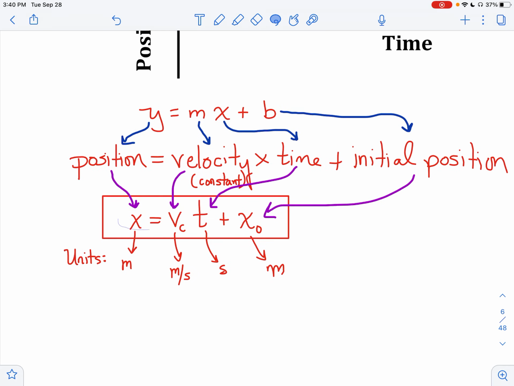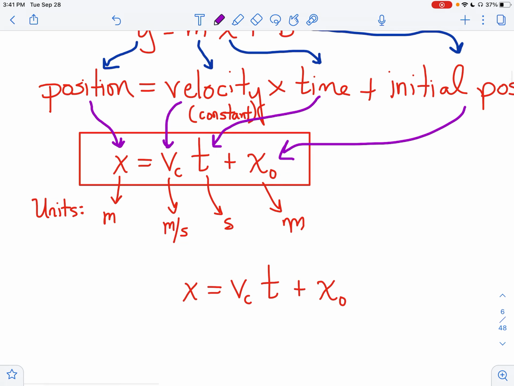The general idea is we take our equation and we have 4 variables. 3 of them we will know, and 1 of them will be what we're trying to figure out. So let's say we're trying to figure out what speed the object is traveling at, what's its velocity.